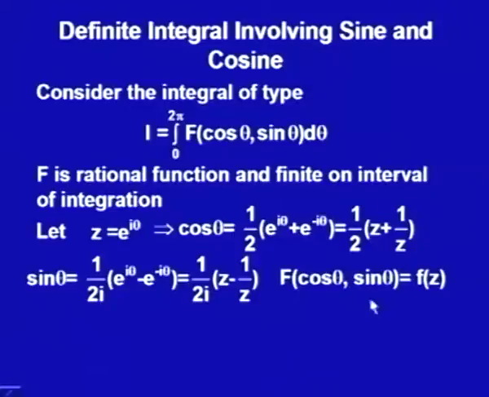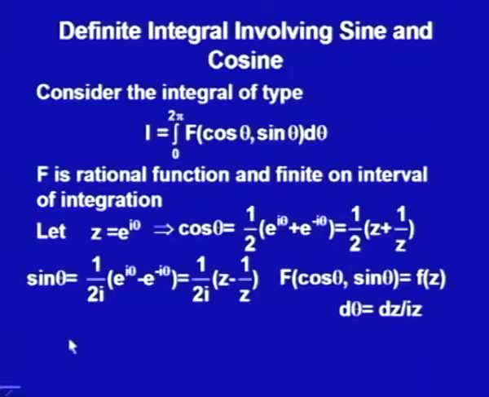So, F of cosine theta, sine theta would be some small f of z, which of course involves z and 1 by z. Moreover, dz would be e to the power i theta d theta, so d theta would be dz upon iz.